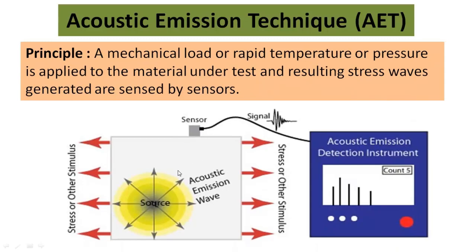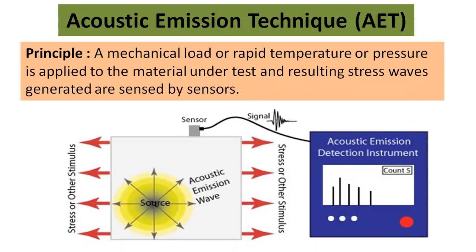Such acoustic emission is also observed when iron or tin or some ceramic components are cooled from high temperatures. Also such emission takes place due to development of cracks and breaking of fibers in a stressed material, and the waves which are released can be detected by sensors that have been attached to the material, and they are connected to the acoustic emission detection instrument.